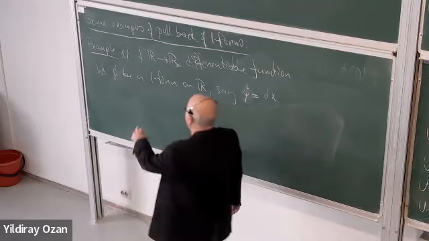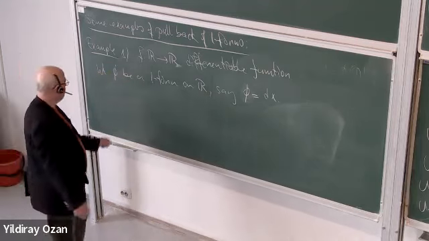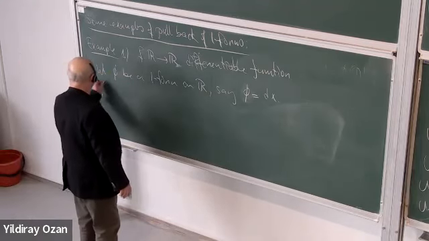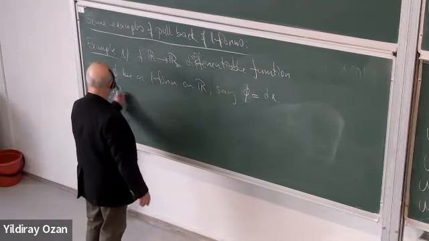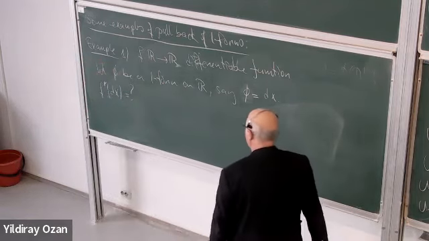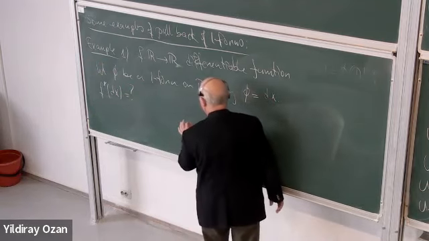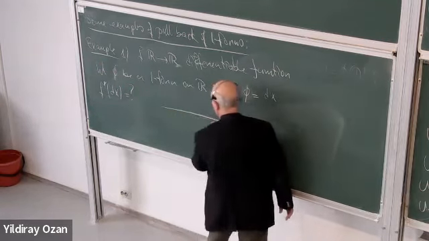So what is a pullback of f? By definition, it is the following. Now, f takes points to points, right?